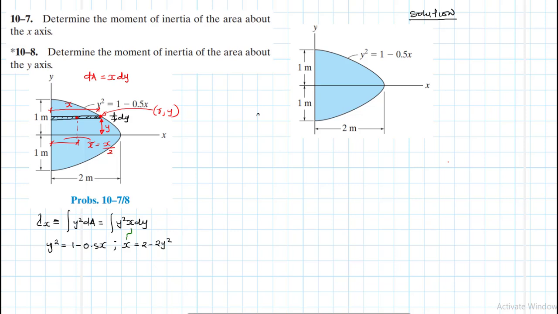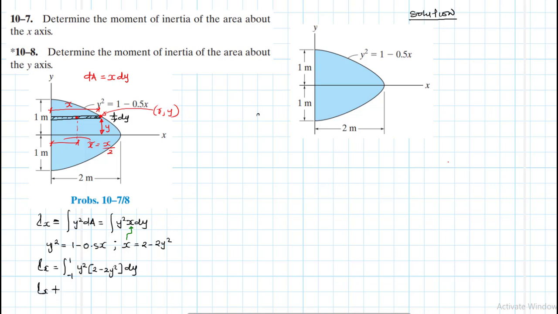We replace this here, and if we did so, then Ix is equal to the integral. We are integrating with respect to y, therefore the limits will be from -1 to 1, and then we have y squared, and we replace the x with 2 minus 2y squared dy.